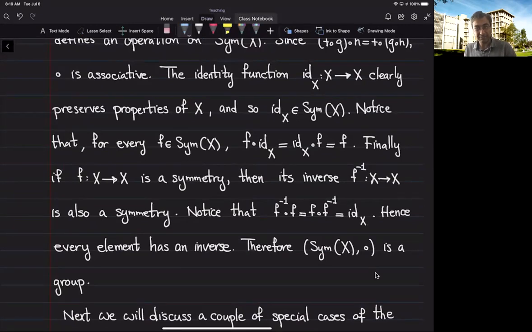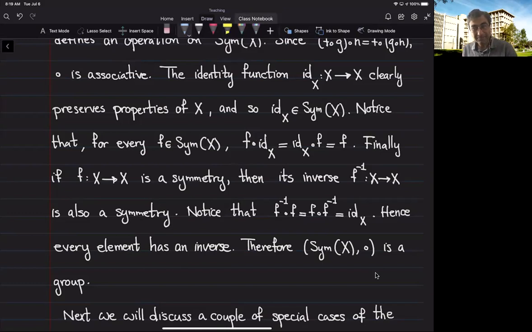So there is the inverse function from X to X. And if F preserves properties of X, F inverse should also preserve properties of X. Therefore, its inverse is a symmetry of X as well. And we notice that F inverse ∘ F by definition is the same as F ∘ F inverse, and that's the identity function from X to X.